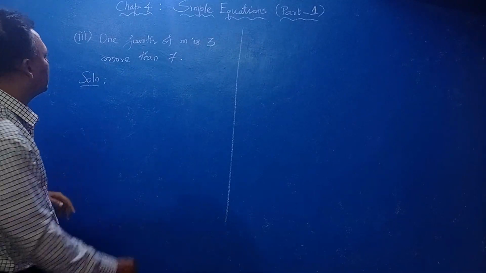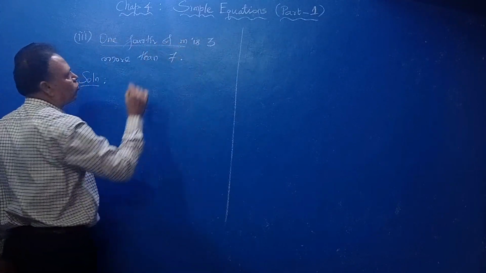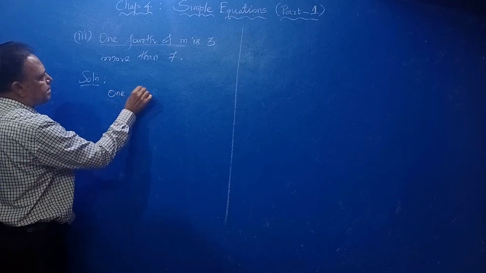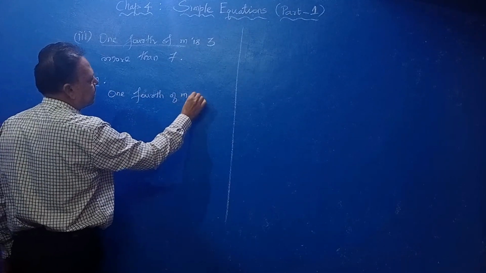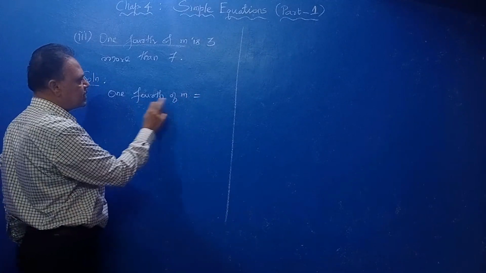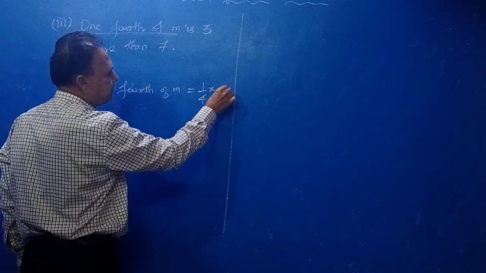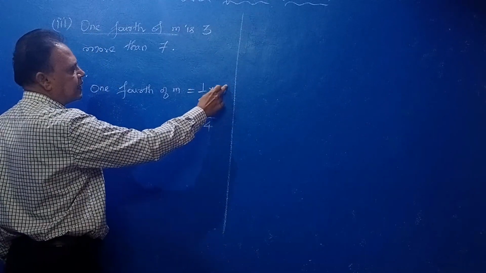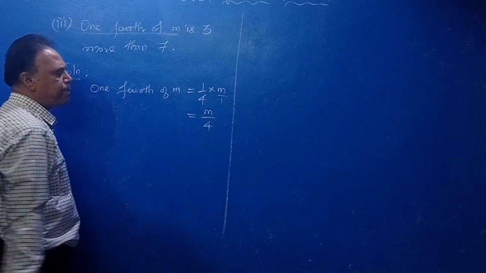So here, first, 1/4 of m. 1/4 means 1 by 4, and 'of' means multiplication, into m. That is m by 4. Numerator into numerator, denominator into denominator. So m by 4.